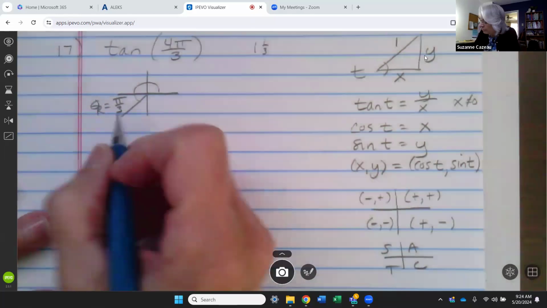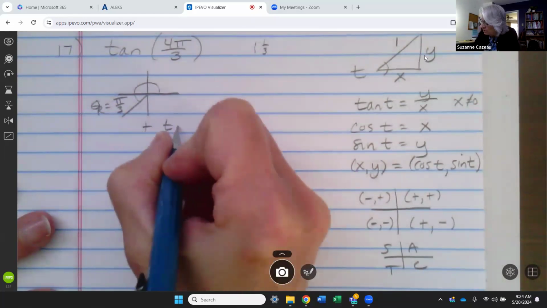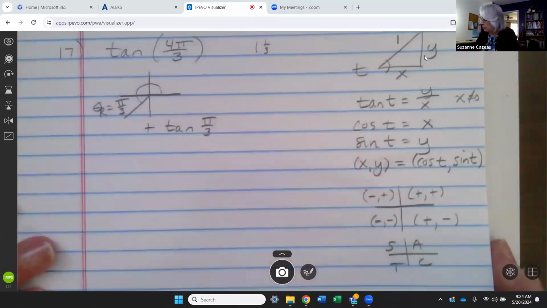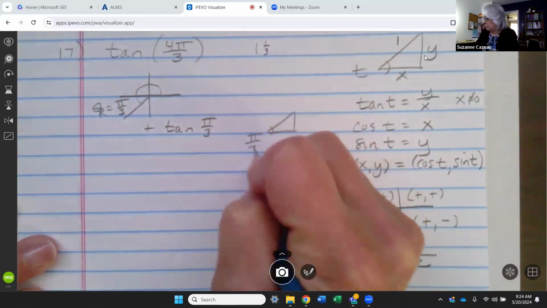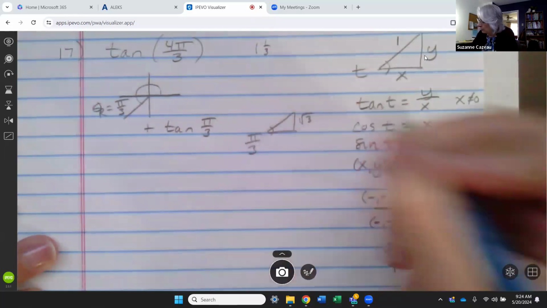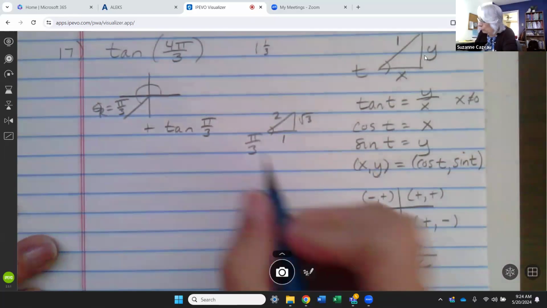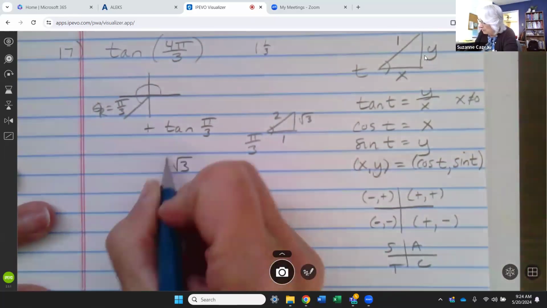Okay, so we're equivalent to a positive tangent of pi over 3. Well, I know that triangle, right? Here's the pi over 3 triangle. That's root 3 over here. That's a 1 there and a 2 there. So the tangent of pi over 3 is root 3 over 1, which is just root 3, right?